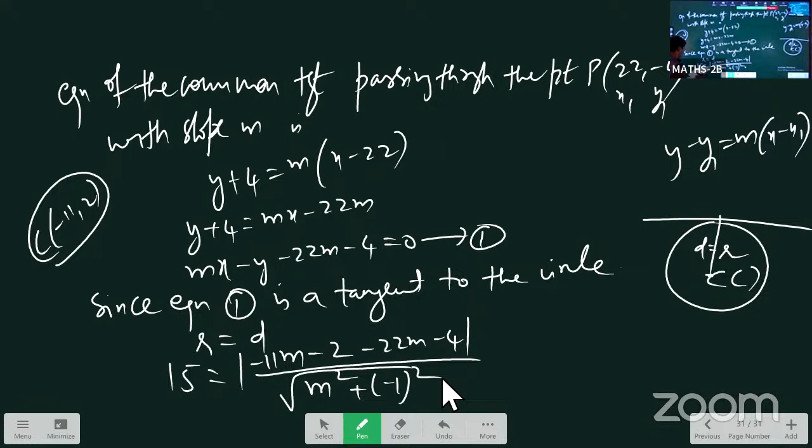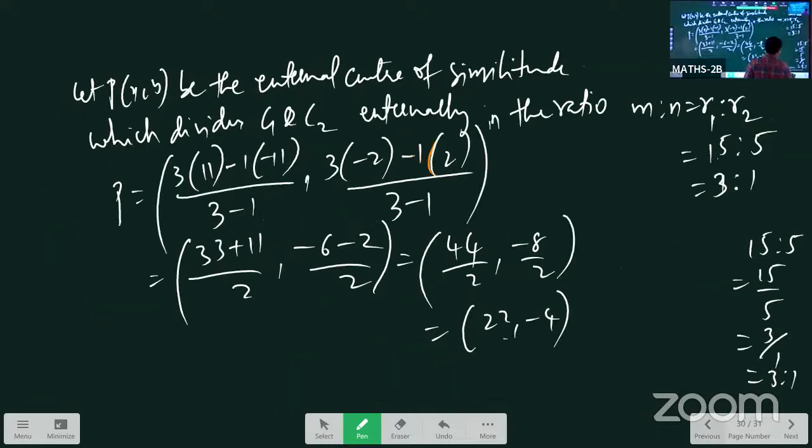So the center is minus 11 comma 2, and I considered the first circle. Instead, you consider the second circle. The second circle radius was 5, correct?